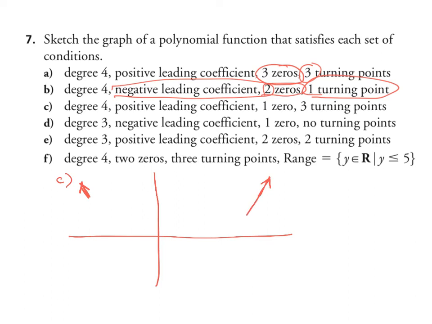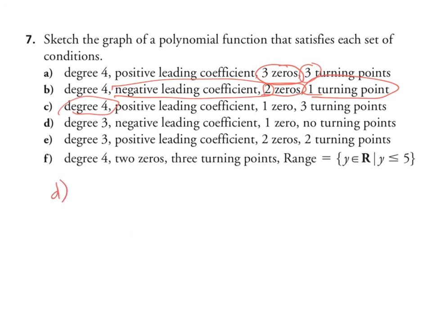So I have to go just like this and just touch it and come back up. 3 turning points. So 1, 2, 3 turning points. 1 zero. And degree 4, because it goes down, up, and a positive leading coefficient because it ends high. It's good.